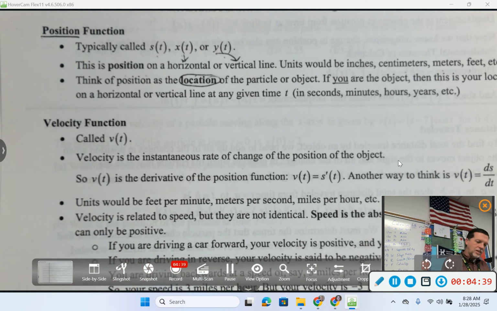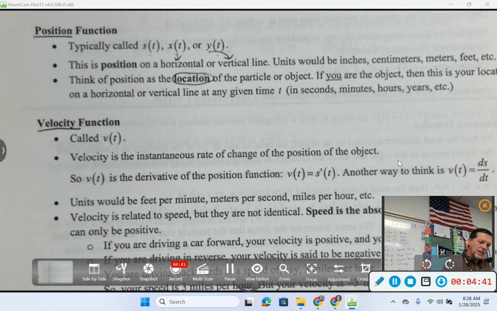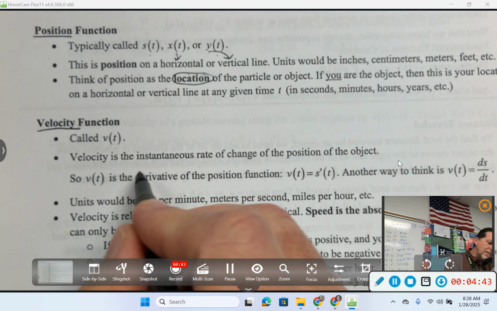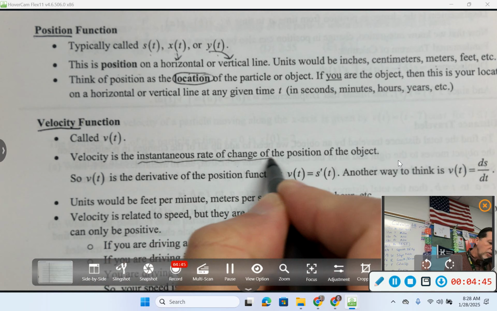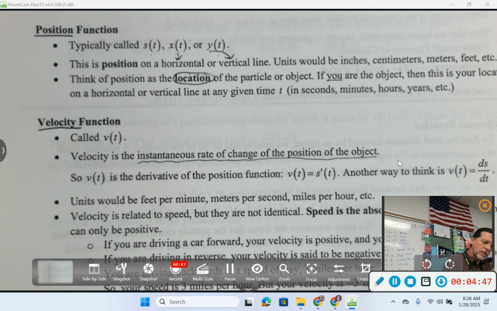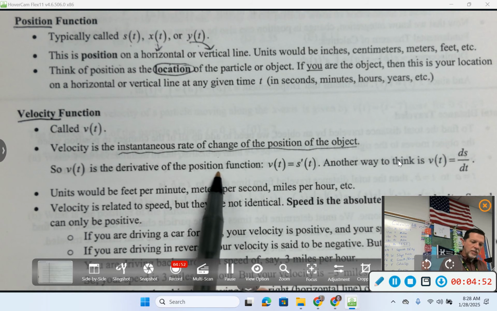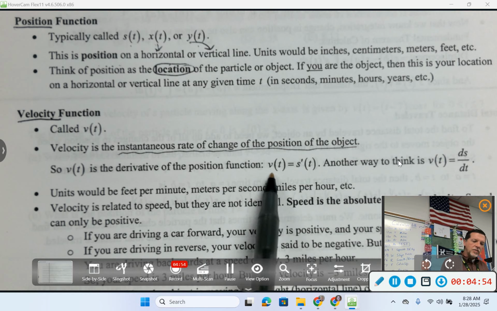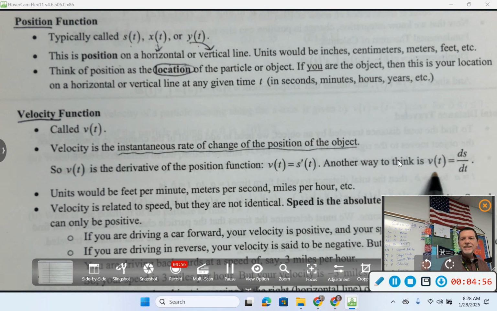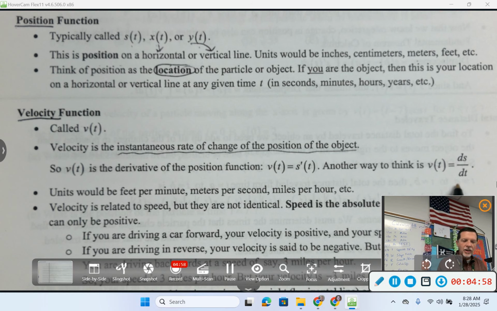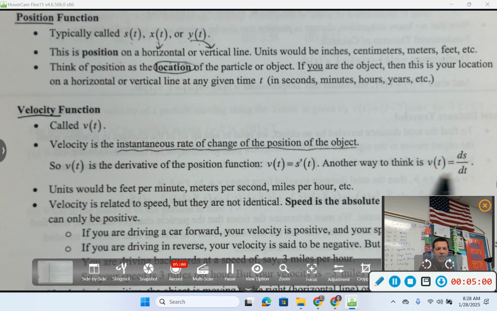Velocity function, called v of t. Velocity is the instantaneous rate of change of the position of the object. That's a fancy way to say it's the derivative of the position. So v is s prime or v is ds/dt. Again, we said that already. To get from position to velocity, take a derivative.